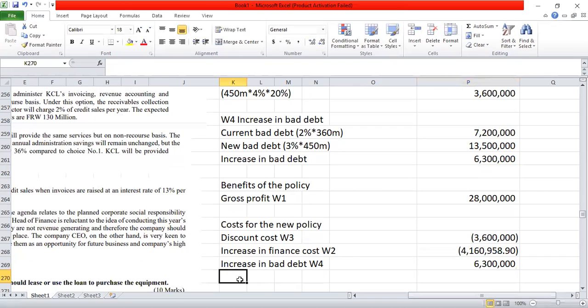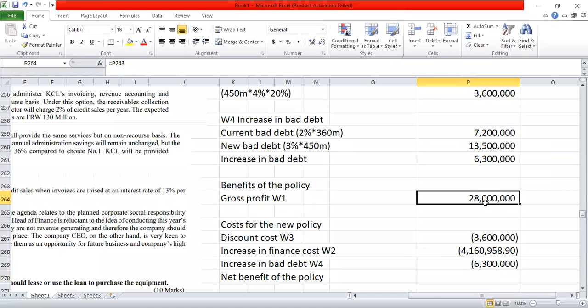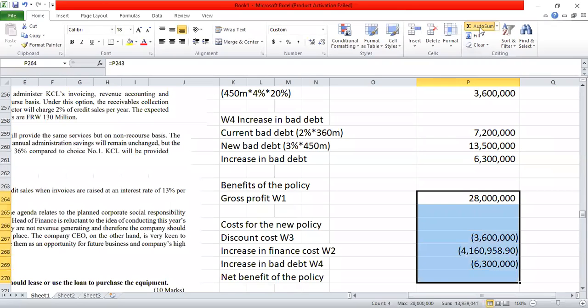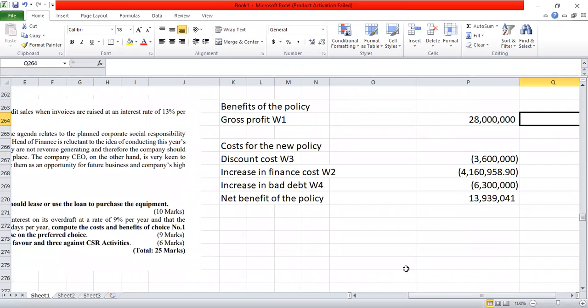So the net benefit of the policy is that. So the company should introduce a new policy. I think the data we have used is okay.